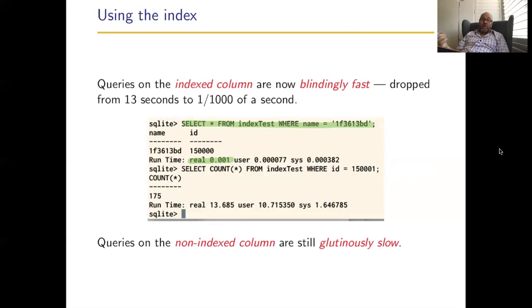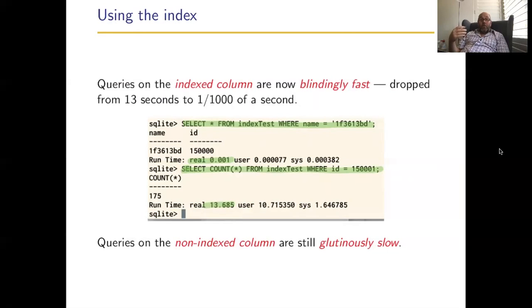And the reason is that the index has stored this data in a particular way that makes it very easy to access based on the values of the data. The table that we haven't chosen the index for is still no good, still slow. Okay, so it's quite clear now.